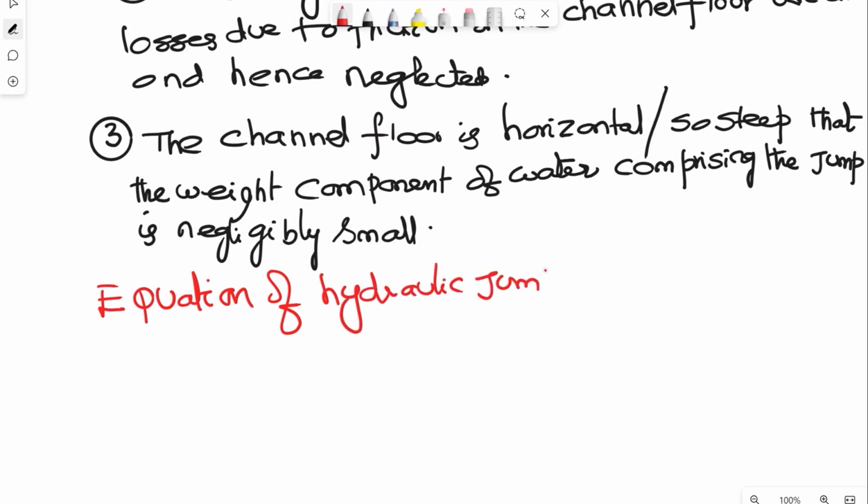Those are very simple assumptions. What are the simple assumptions we have taken? For example, at the location where the hydraulic jump is formed, it is rapidly varied. Before and after that portion, naturally the flow is uniform. That is the first assumption.